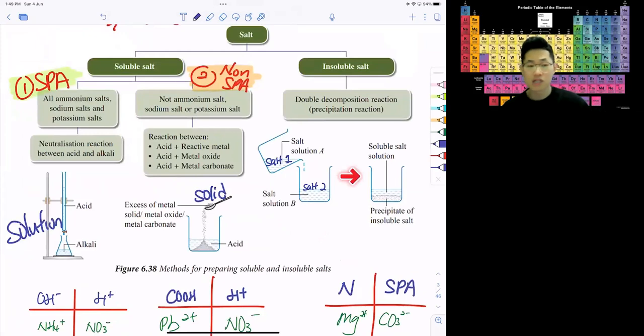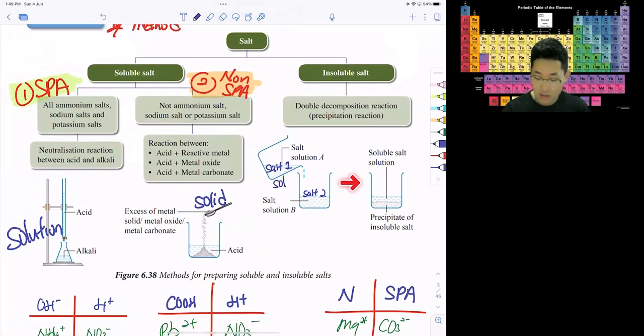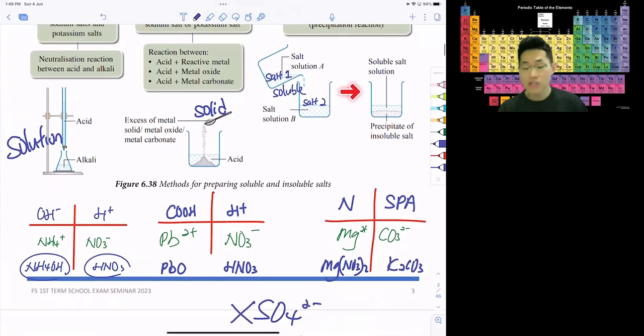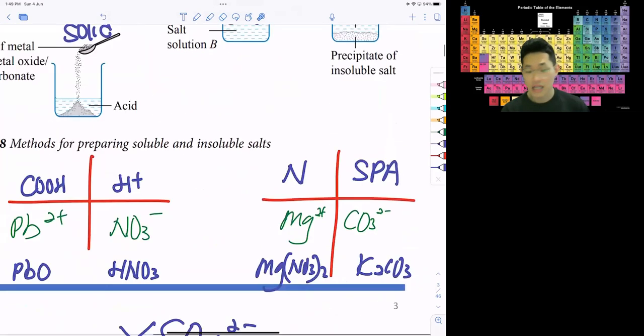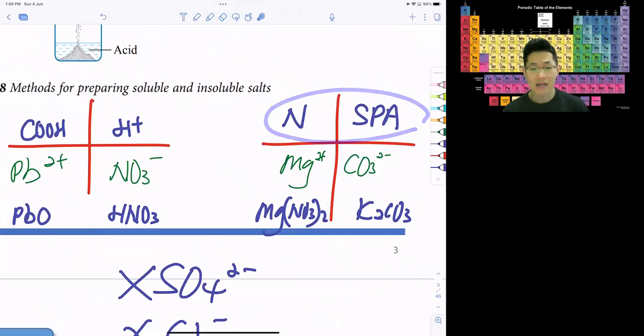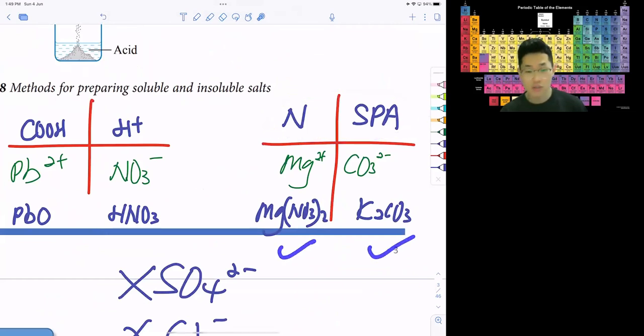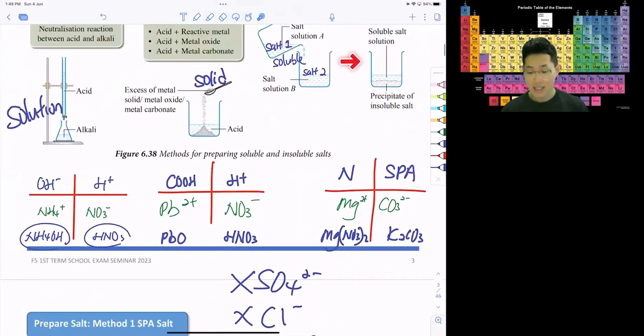Double decomposition is mixing 2 salt solutions together to get insoluble salt. Two soluble salts to get insoluble salt. So to make sure that my reactant is always a soluble salt, that's why I use N-spar. So this one will be a soluble salt, soluble salt. Is that okay?